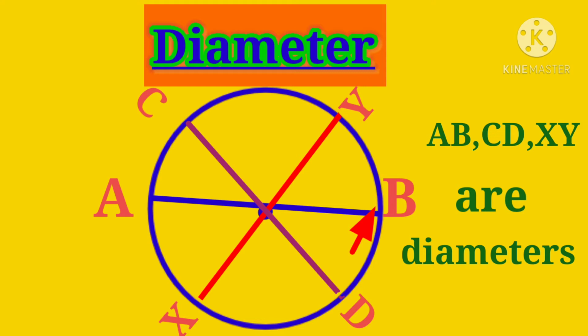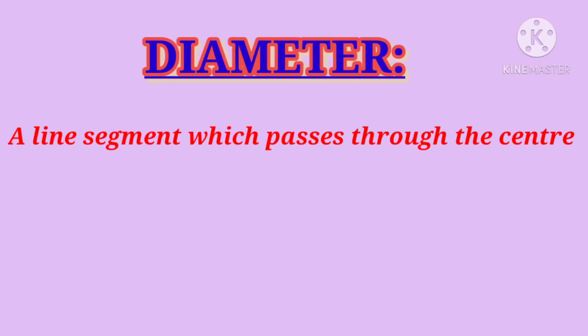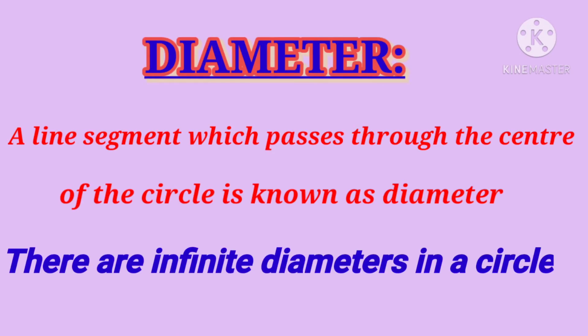A line segment which passes through the center of the circle is known as a diameter. Definition of a diameter: a line segment which passes through the center of the circle is known as a diameter. There are infinite diameters in a circle.